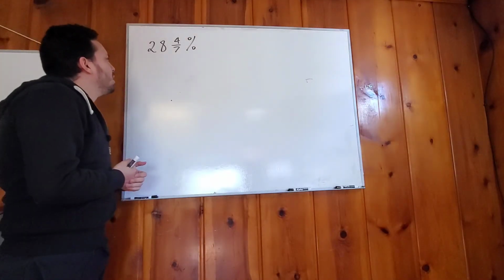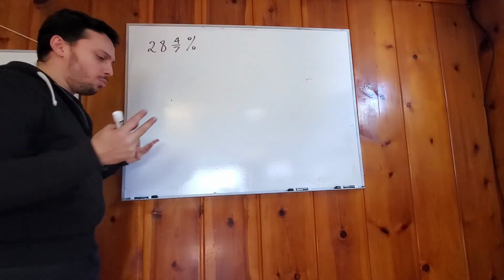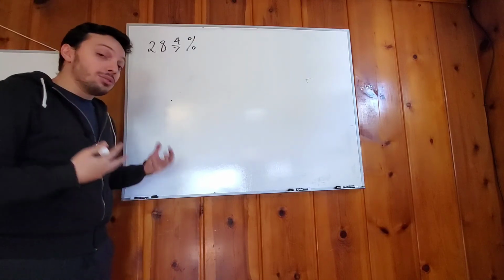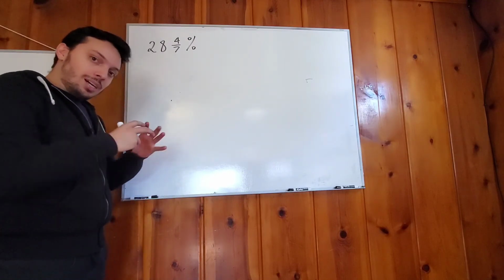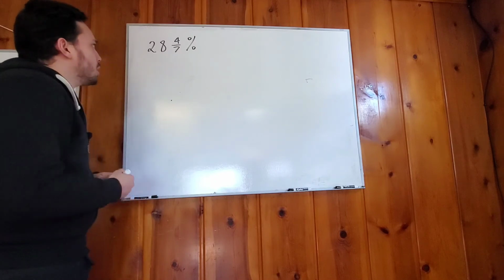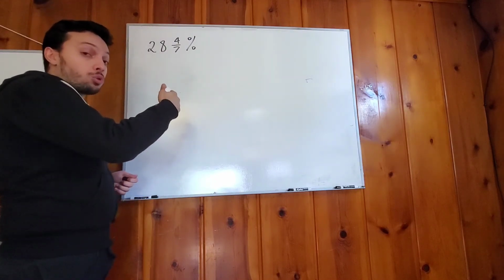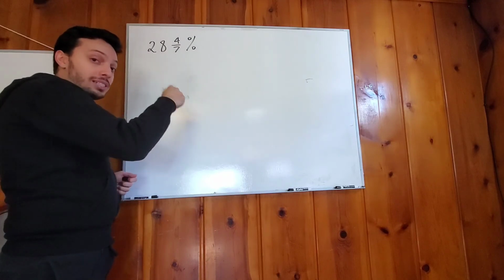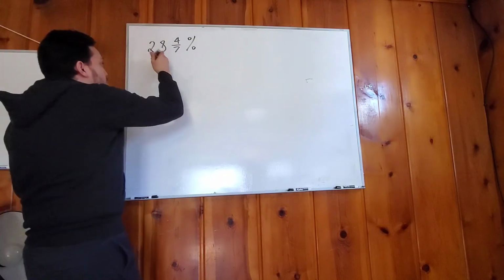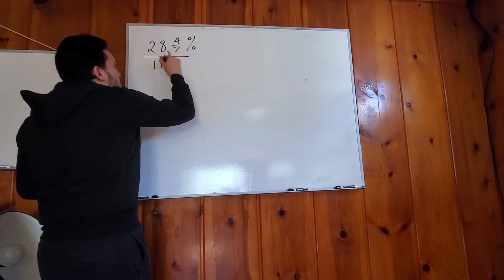So we have 28 and 4/7 percent. And whenever we have a percentage, we understand that it has to do something with 100%, right? 100 being the magical number of percentages. And so the way to turn a percentage into a fraction, because that's what we're trying to do, is to literally divide it by 100.